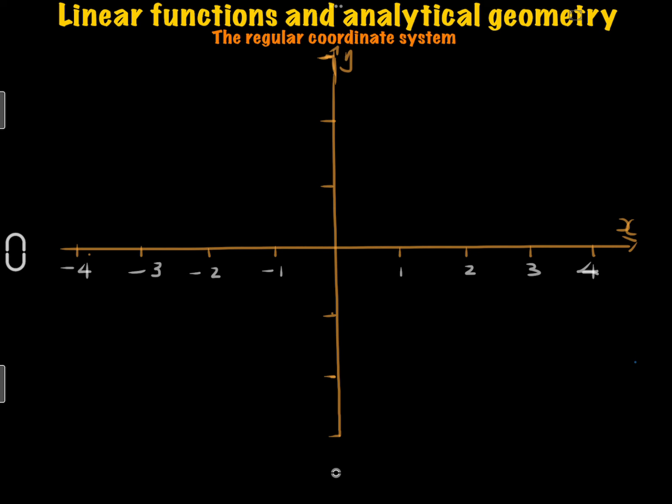Okay, now these are negative values starting from the origin going to the bottom, or sub-zero. So these are our negative values. And these are all positive values, and so forth. Okay, so we have our x axis, and now we have our y axis.